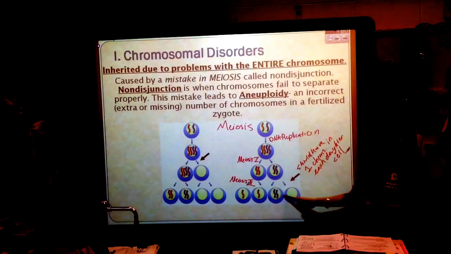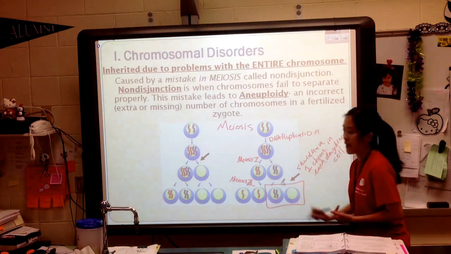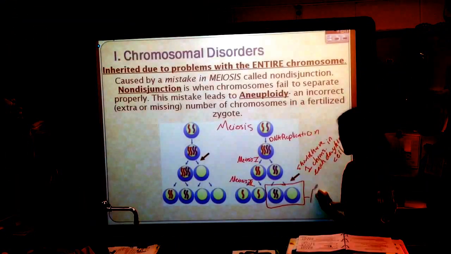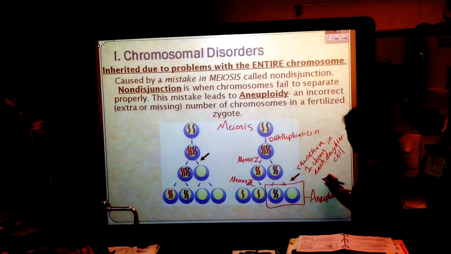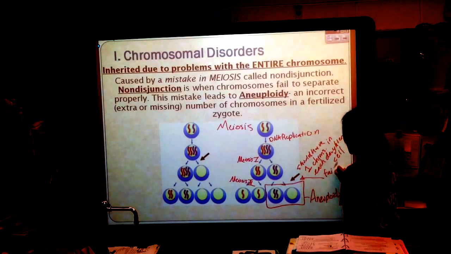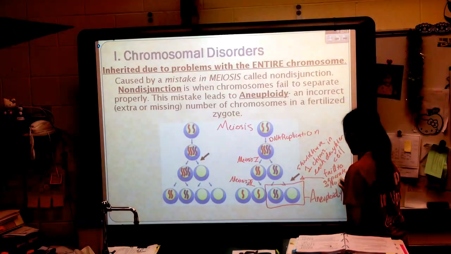But instead of having 1 in each daughter cell, look here, we have a problem, a mistake. And this mistake is called aneuploidy. It failed to separate, and failed to separate is non-disjunction.